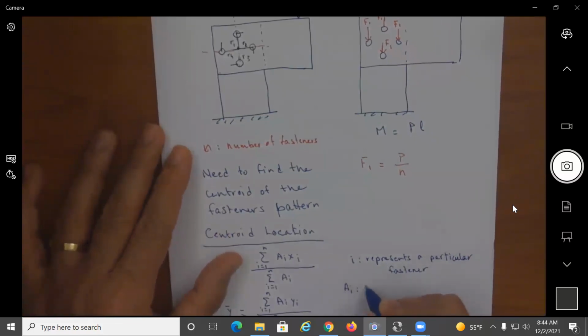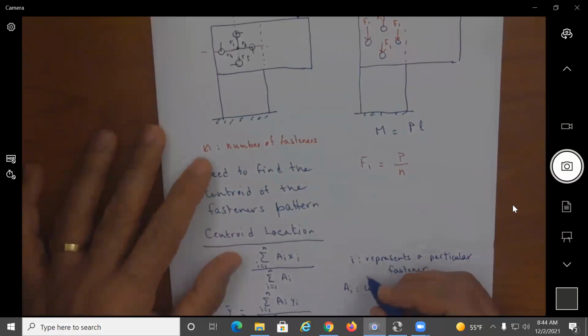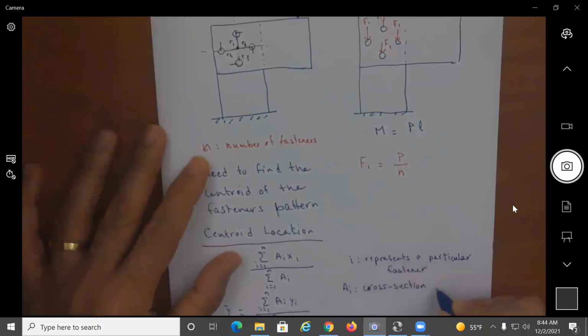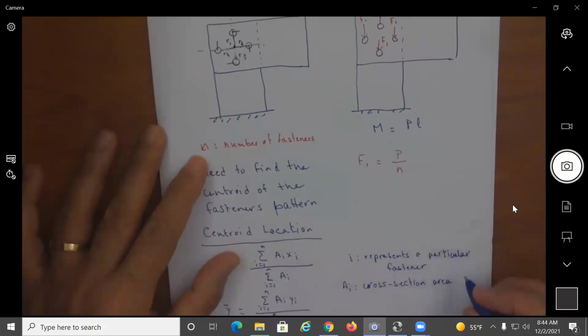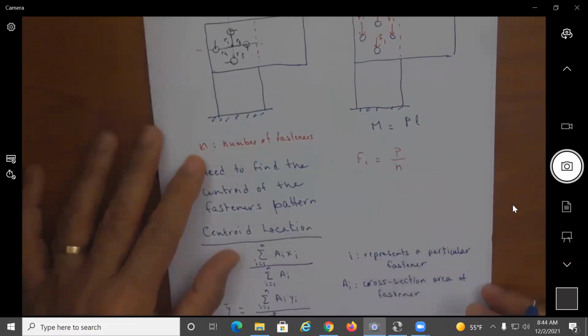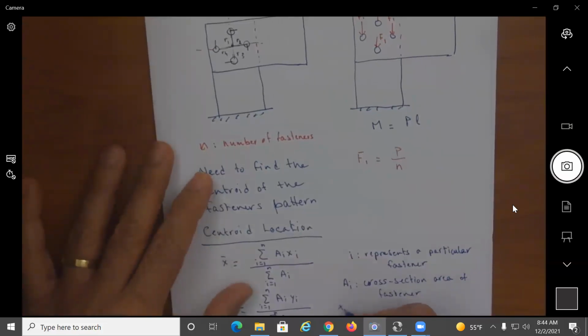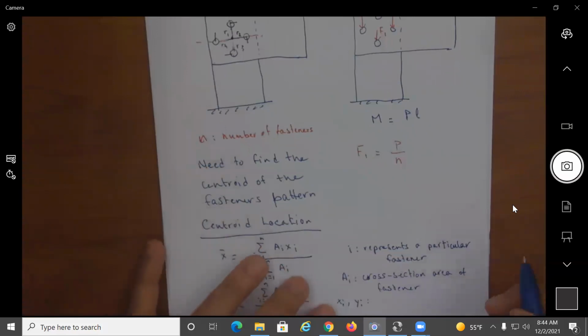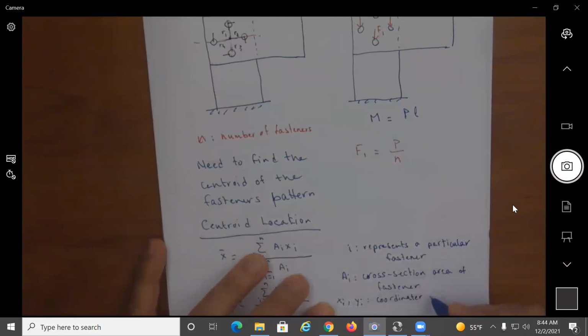A_i would be the cross-sectional area of the fastener. x_i and y_i are the coordinates of fasteners in a selected coordinate system.